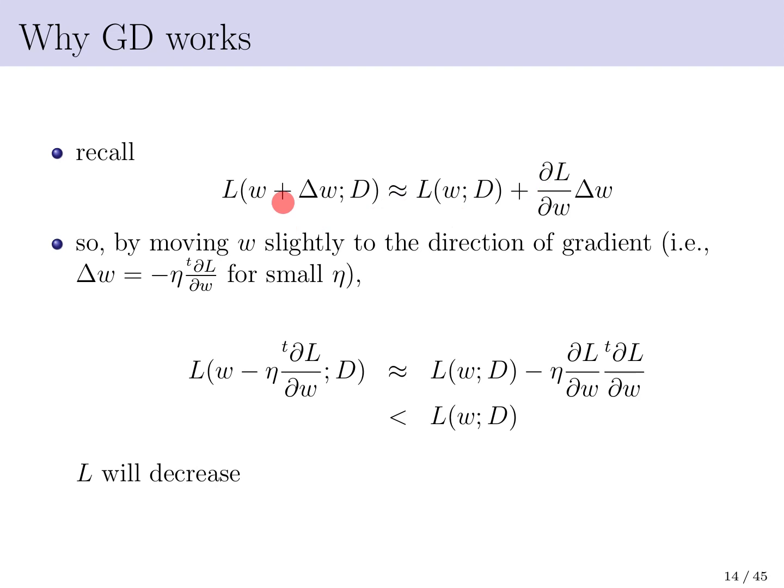If you move W, or whatever input to the function, slightly by delta W, then the value of this function will increase approximately by this value: the gradient of the function multiplied by whatever value you change the input by, right? This is the definition of the gradient of a function.